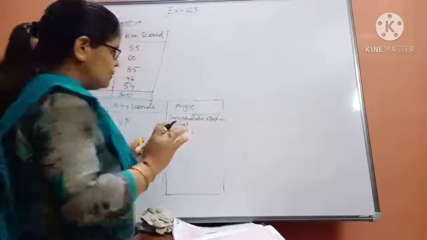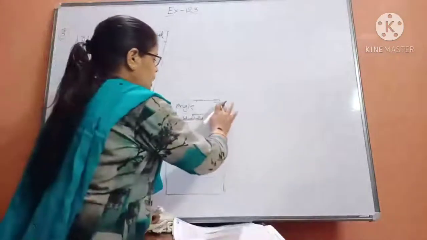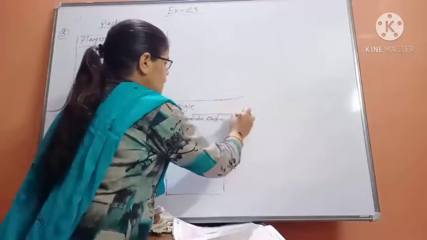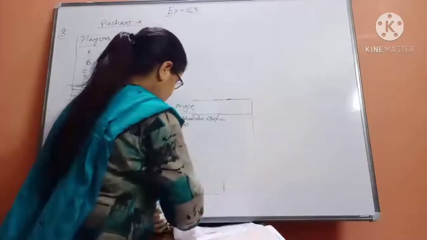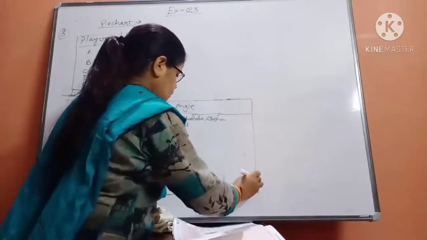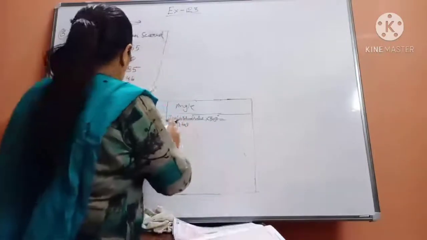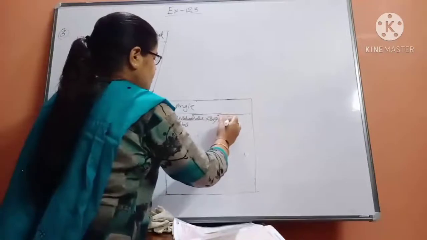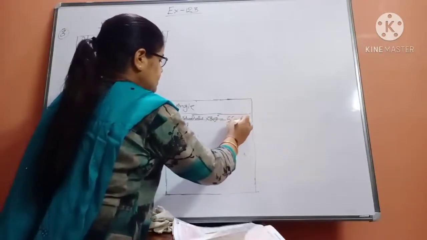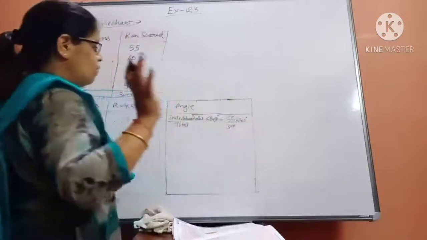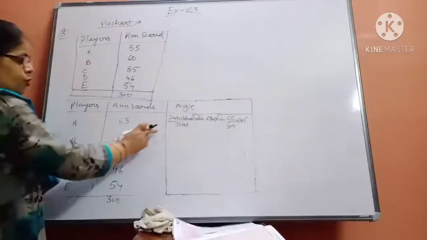Whatever will come, that will be in degrees now. See how it will be calculated. It will be, beta, 55 upon 300 multiplied by 360. So I will write finally what angles are coming. Now I am not writing the formula.